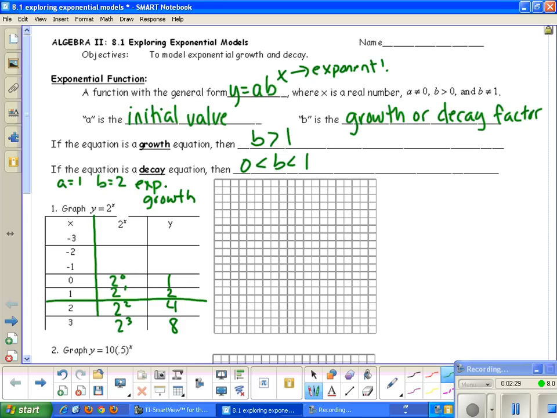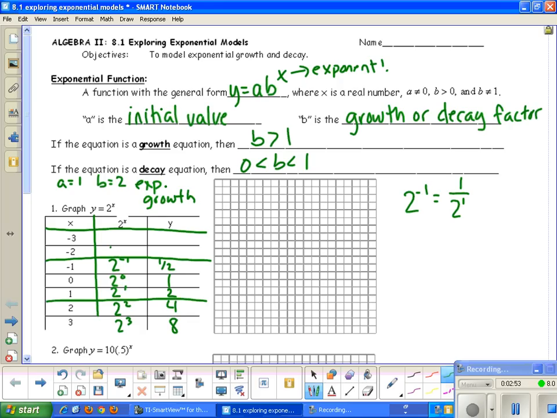So if we do the negative side, then if I had 2 to the negative 1, remember when we have a negative exponent, that means that we are going to put this in the denominator. So this is really 1 over 2 to the first power, so 1/2, or you could write 0.5.